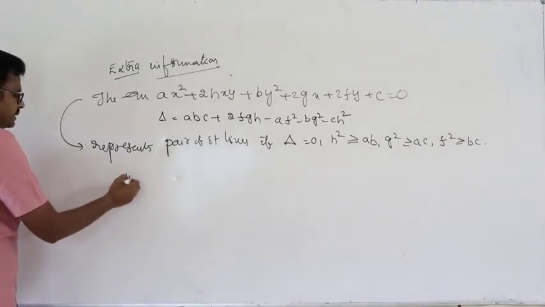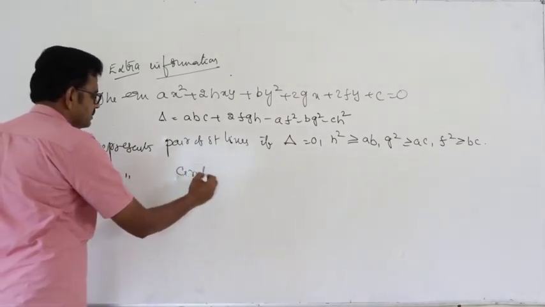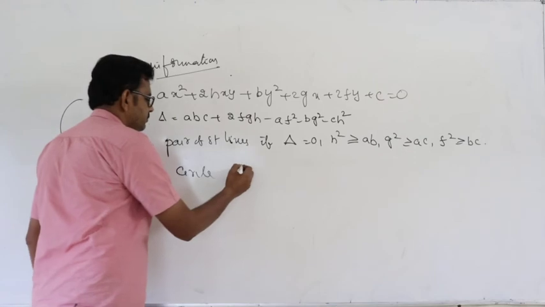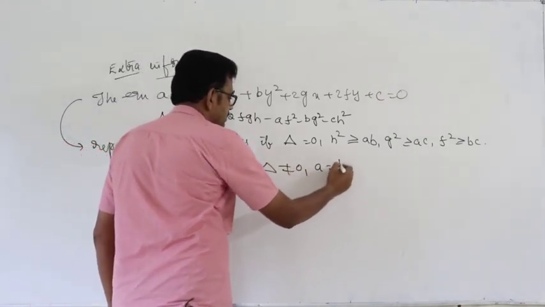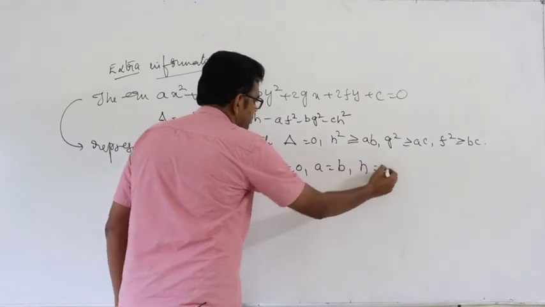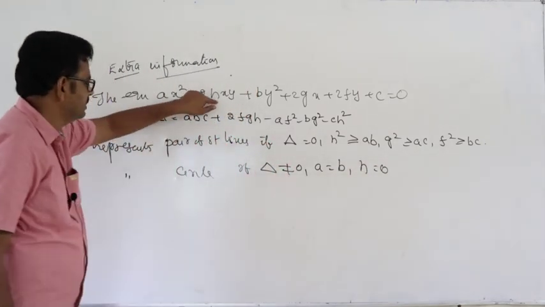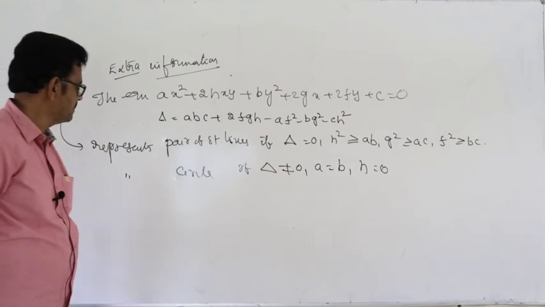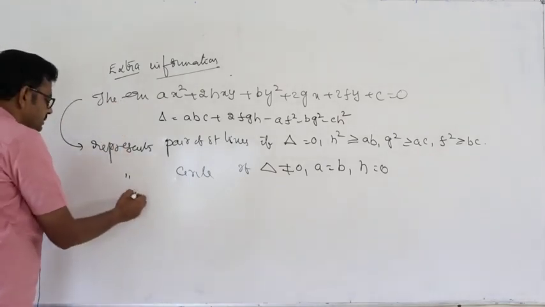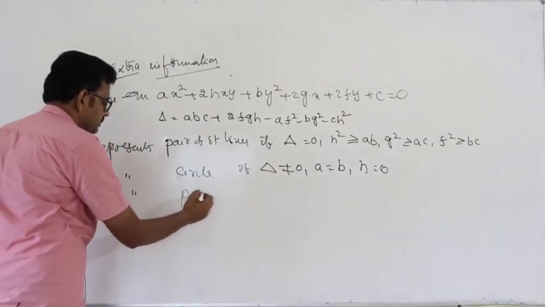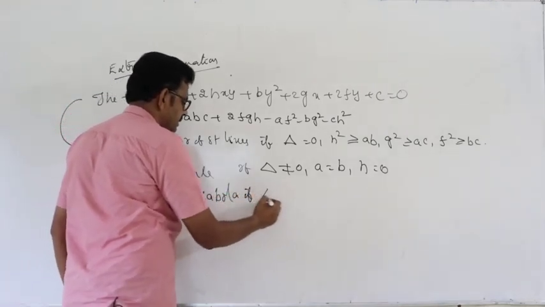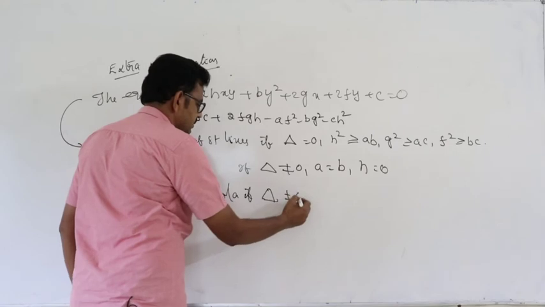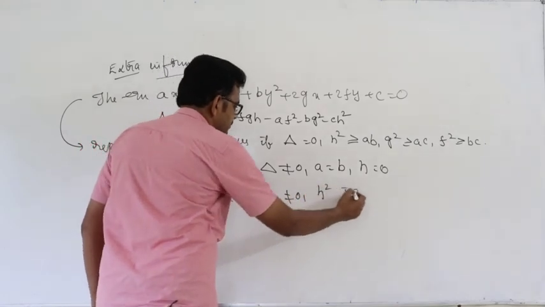Next, a circle. If delta is not equal to 0, a equal to b and h equal to 0, then this equation represents a circle. A parabola: if delta is not equal to 0 and h square is equal to ab.